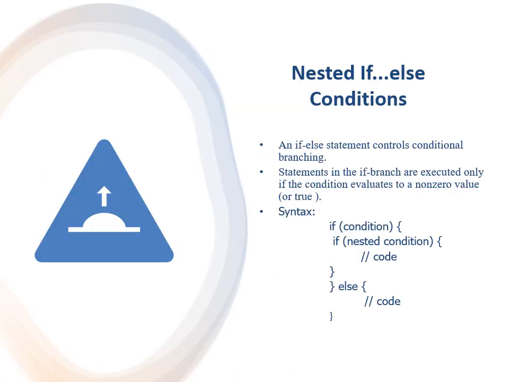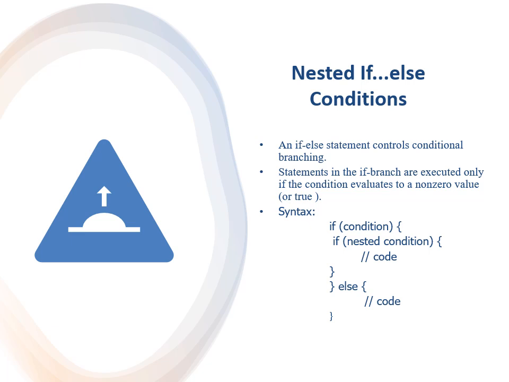Now, the nested if. The nested if condition consists of if else statements as well as the if statement. There are two conditions here: the nested if statement and the if else statement. If you look at the first condition, that's an if statement.